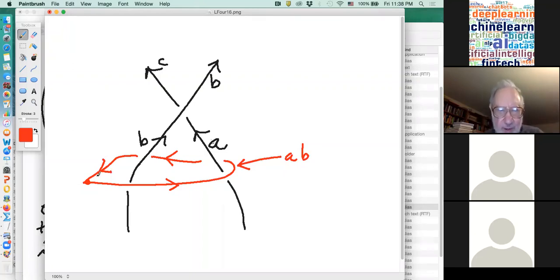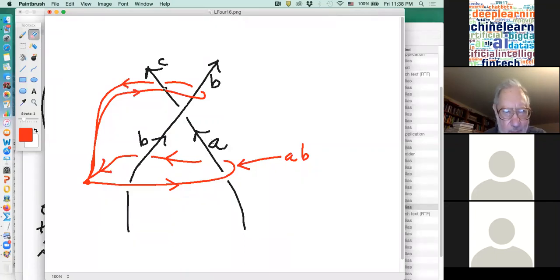But this loop here can be deformed, certainly, until it goes all the way around the top part. That's not a problem. But what's this? This is BC.